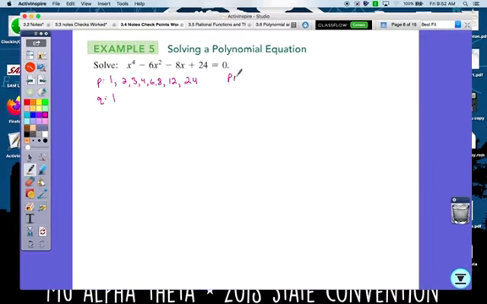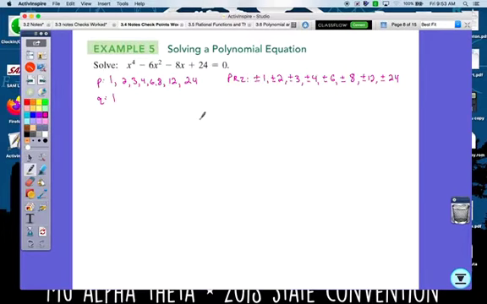So our possible rational zeros are all of those numbers with positive or negative. You're like, oh my goodness, that's a lot of them. So positive or negative 1, positive or negative 2, positive or negative 3, positive or negative 4, positive or negative 6, positive or negative 8, positive or negative 12, positive or negative 24.